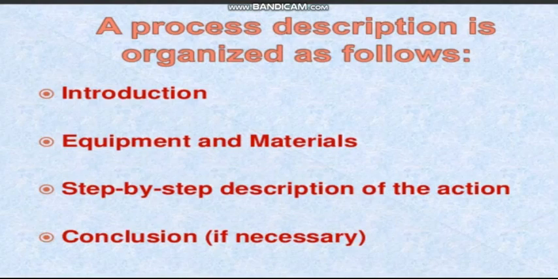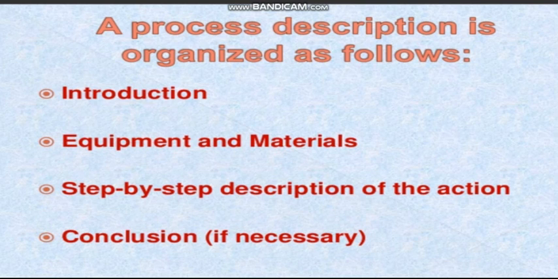So once you have prepared the introduction, you can move to the other part. That means the equipment and materials you need for preparing or doing the process. ഈ പ്രോസസ് നടത്താൻ ആവശ്യമായിട്ടുള്ള വസ്തുക്കൾ.